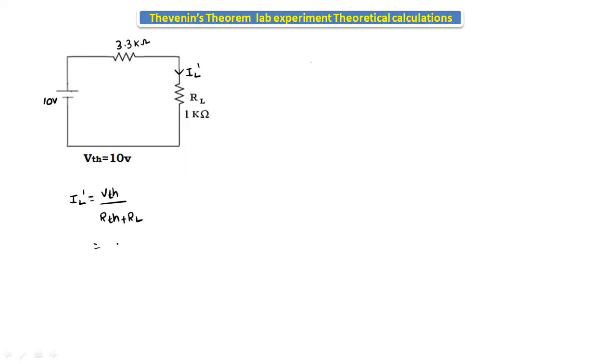As we know already, the VTH value is 10 divided by 3.3 plus 1. If we calculate the above value, we will get 2.3 milliamps. So this is the IL dash value with VTH equal to 10 volts.